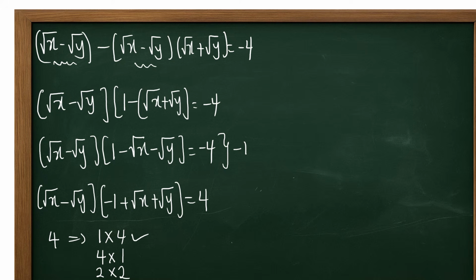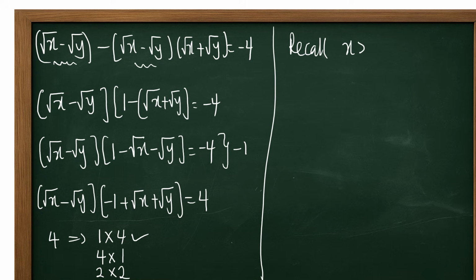For case number 1, that is 1 times 4. Recall that our x is a positive integer and y is also a positive integer. So any of these three cases can work.